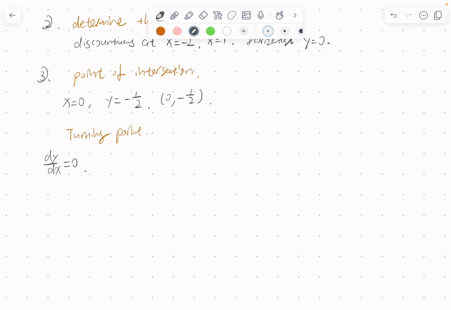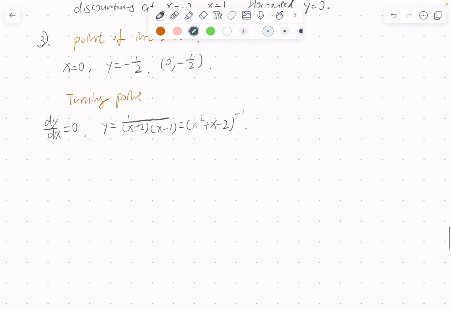So let's write down the original function here: y equals 1 over (x plus 2) times (x minus 1). I'd like to rewrite it as (x squared plus x minus 2) to the power of minus 1.